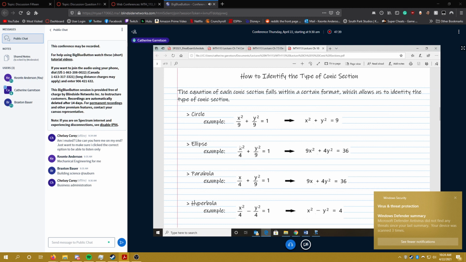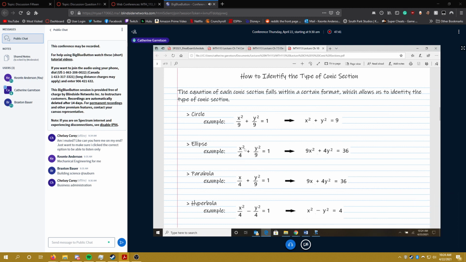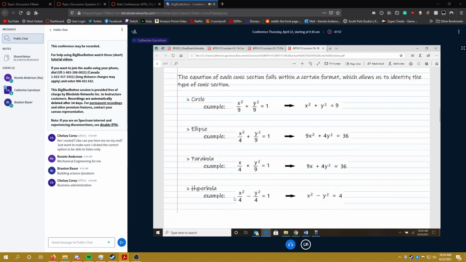So I'm going to multiply this by 36, this by 36, and the 1 by 36, and I get this. Same thing here. I'm going to need to multiply both terms on the left and the term on the right by 36, and I get this. And I'm going to multiply both of these by 4 and the 1 by 4, and I get this.